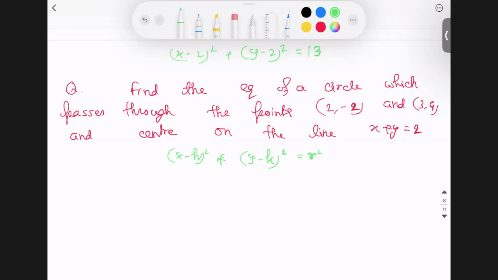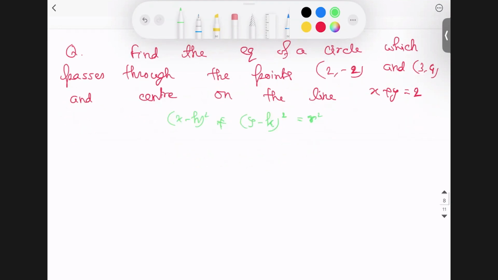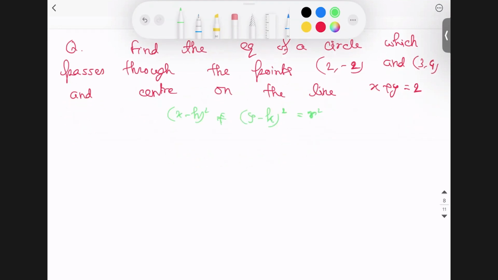So this is the equation of the circle, suppose, and this circle passes through the points 2 comma minus 2 and 3 comma 4. So you can put x equals 2, y equals minus 2 and also you can put x equals 3, y equals 4 in this. If I put, what will I get?